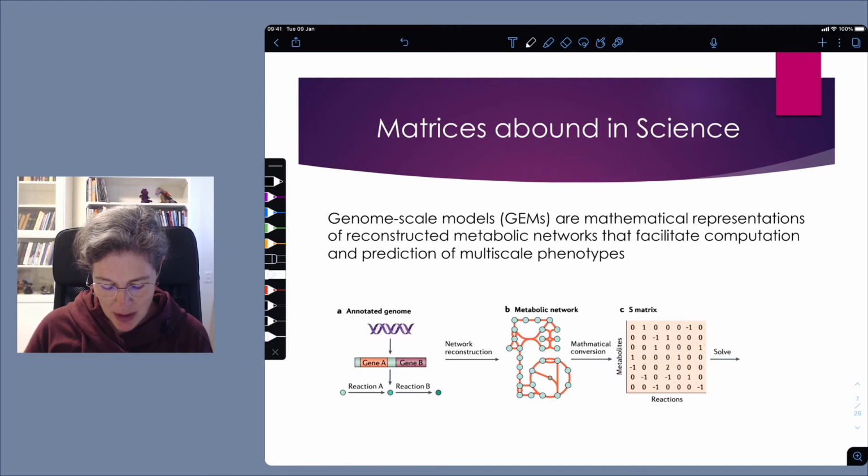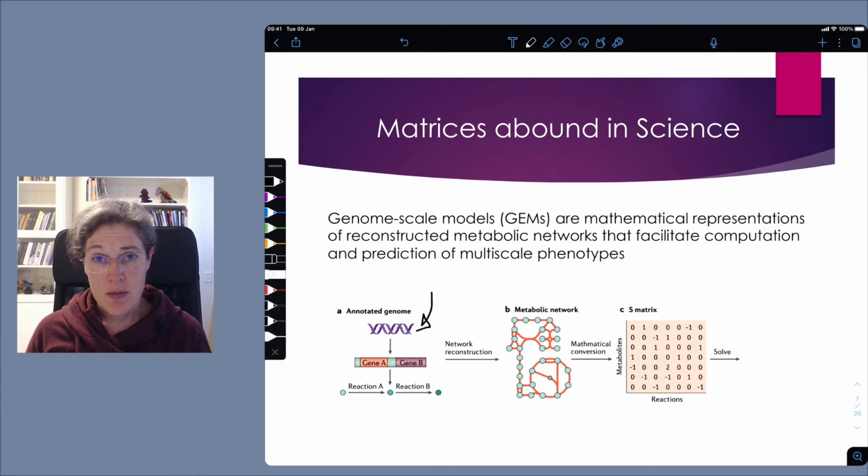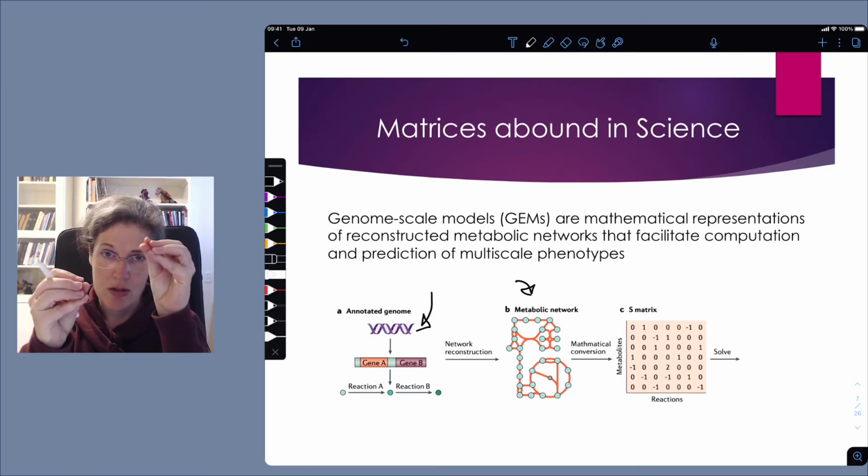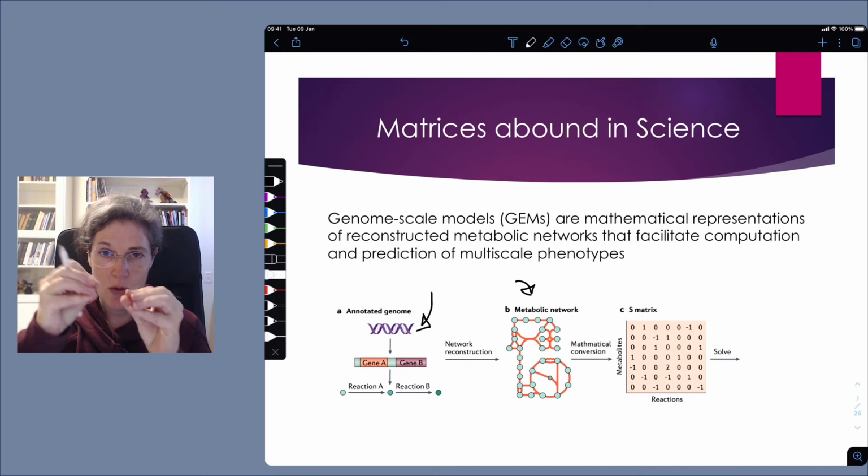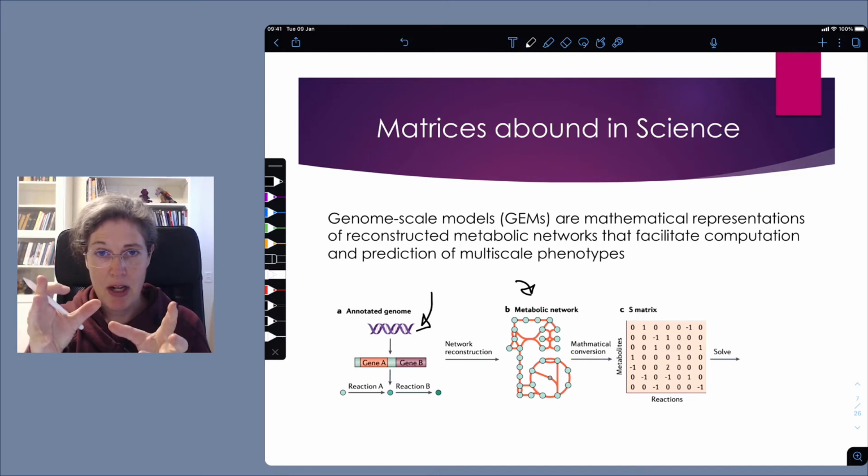So basically what we've got is a situation where we look at the genome of whatever organism we're particularly interested in, and from there people, not me, are able to construct what the metabolic network of a particular set of reactions might look like. So we're thinking, for example, glycolysis, metabolism, or something like that.